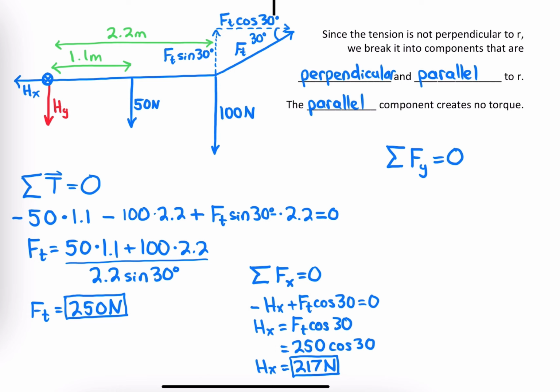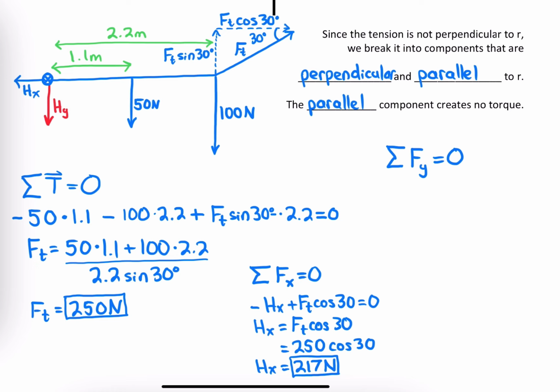Okay, so in the y direction, I have my Hy, which is going down, my 50 and my 100, which are going down, and my FT sine 30, which is going up. So 3 negatives and 1 positive.